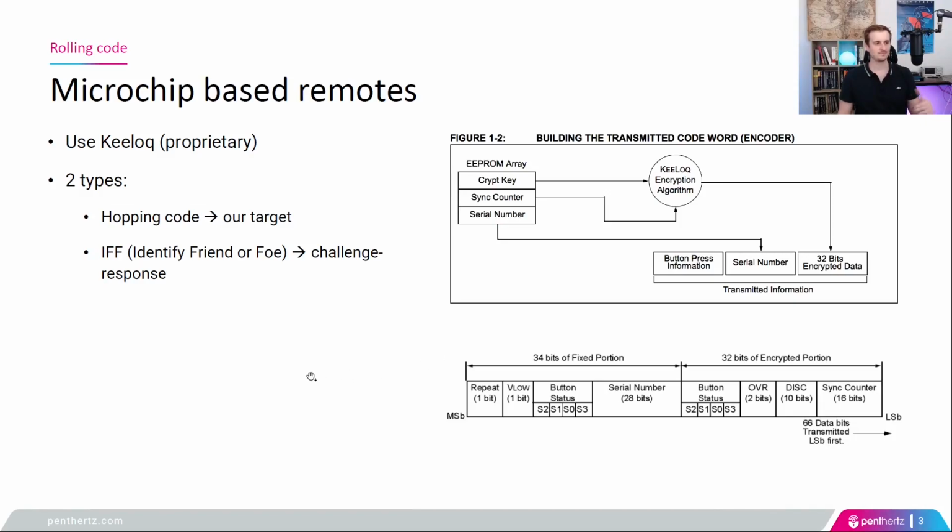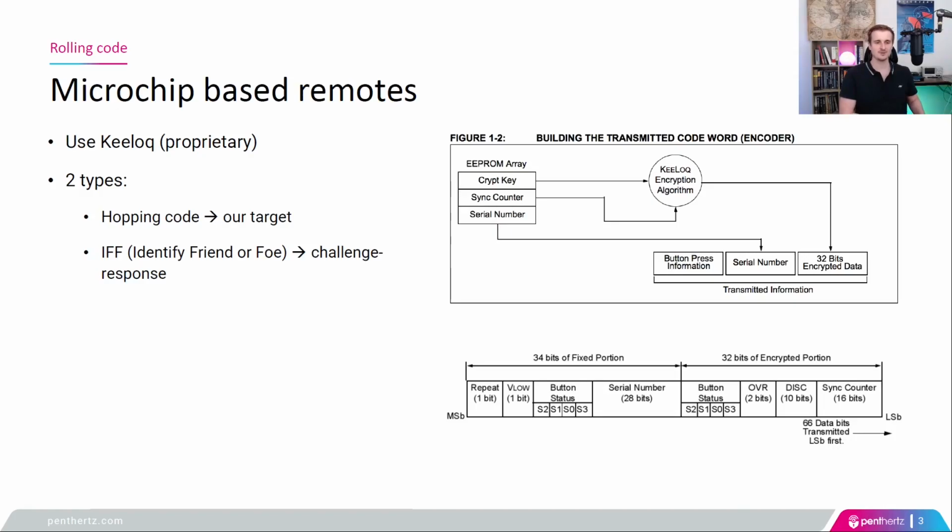So I was talking about the hopping code, but there is also another type of Keeloq that I will not talk about. It is the IFF, the Identify Friend or Foe, which is just a challenge response. It works exactly the same way as, for example, your remote key for the car.